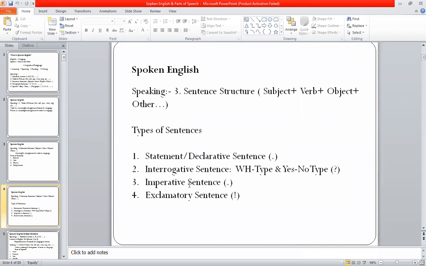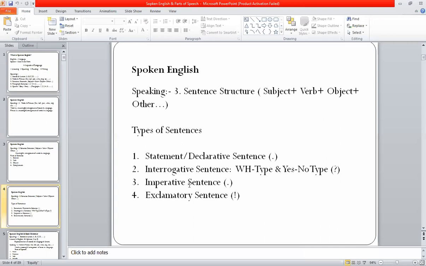Then second is the interrogative sentence. Declarative sentence means any type of sentence we use for declaration purpose. If someone is making any type of statement, then it is called a declarative sentence or statement.